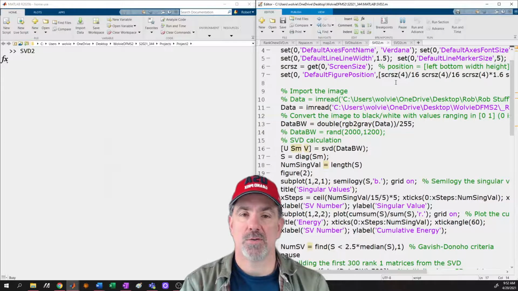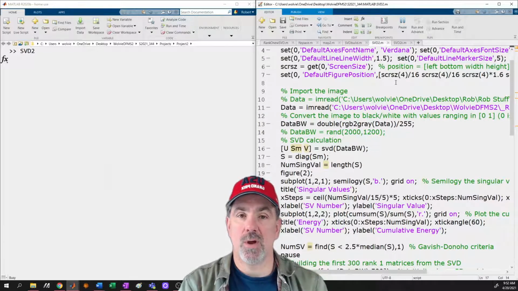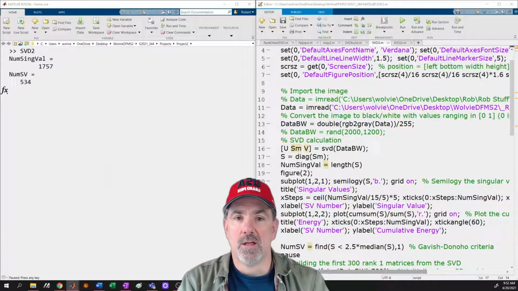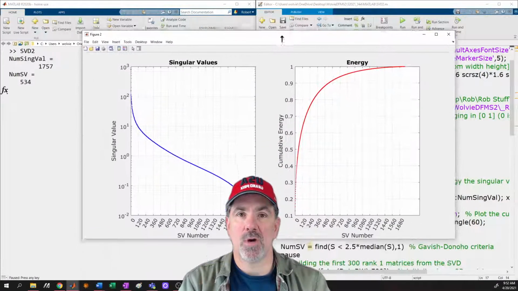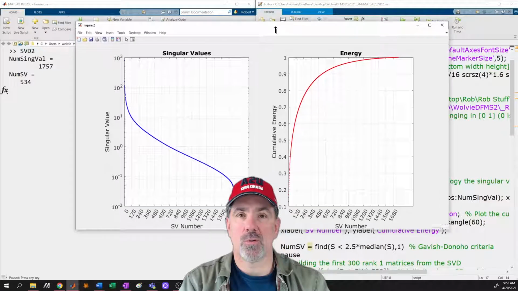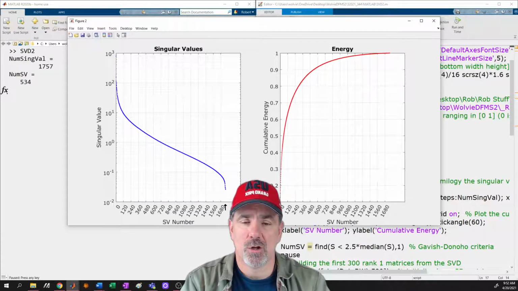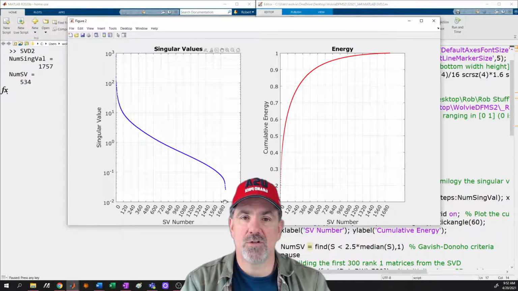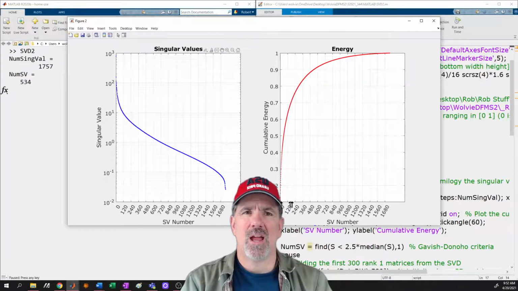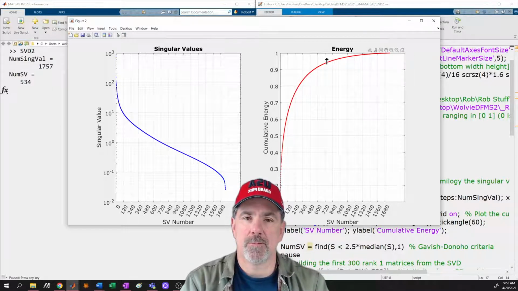lectures. He was talking to us about knowing how many singular values we want to keep during our truncation. This is a graph similar to what we have seen in the past, where we have singular values on one side, and it appears we have a little over 1,700 singular values for this particular photograph, and we can see the energy component here.